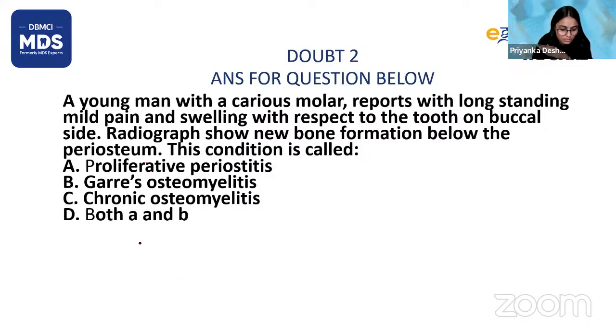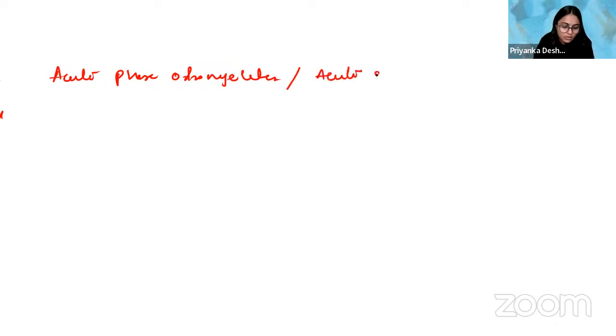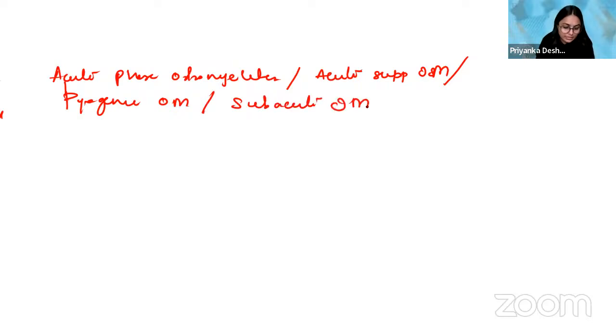Okay, below the periosteum. Now this is basically an acute phase osteomyelitis. Now there are synonyms of it. Okay, synonyms are acute suppurative osteomyelitis, then we have pyogenic osteomyelitis, then we have subacute osteomyelitis.